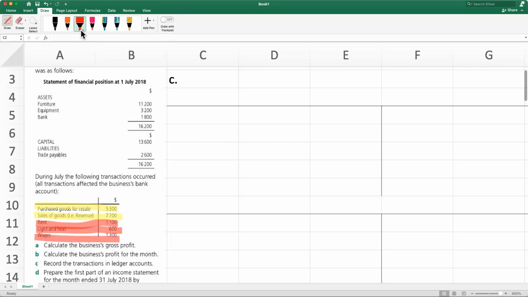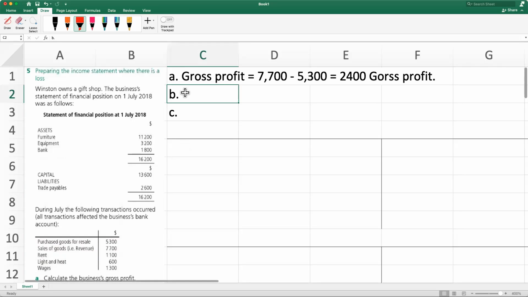So these are the things that will need to be subtracted to get your loss for the month, because in this question we know that there will be a loss. So let's imagine we don't know and we write profit for the month.